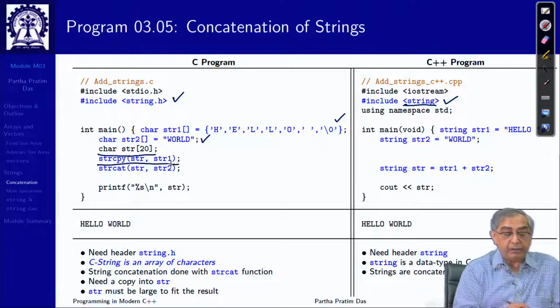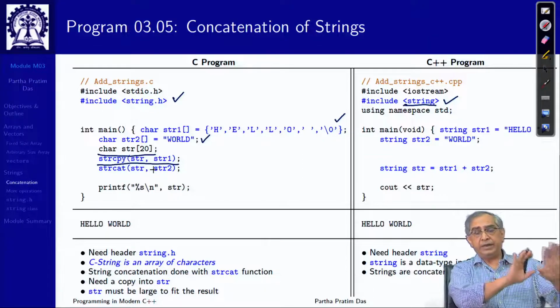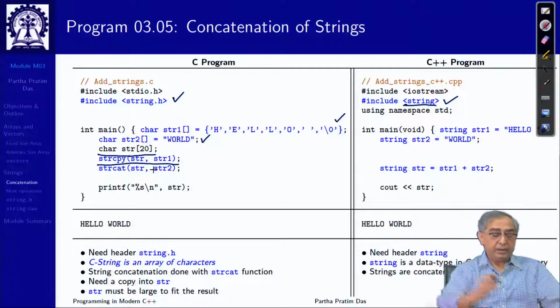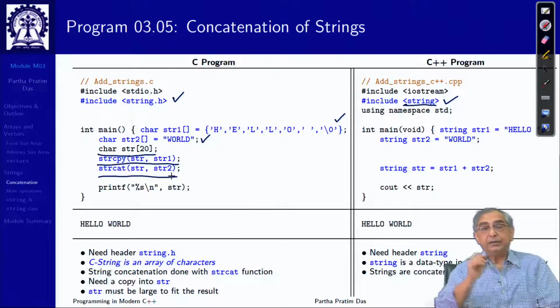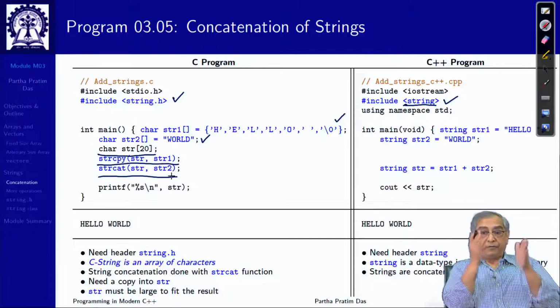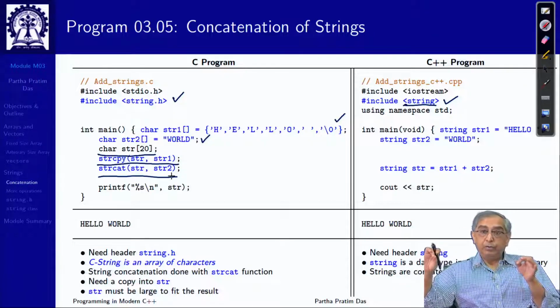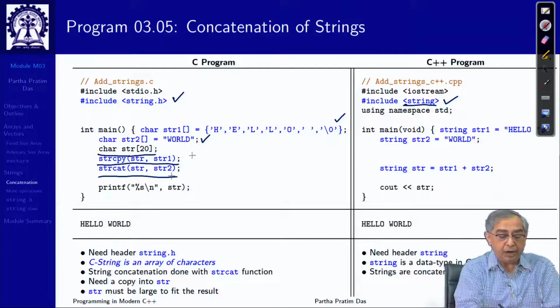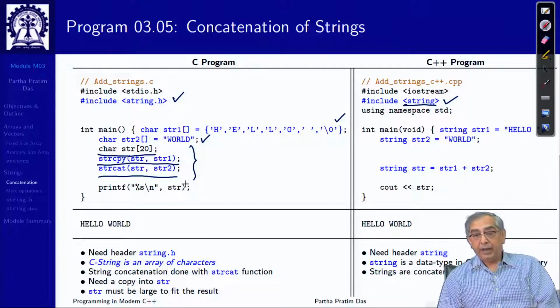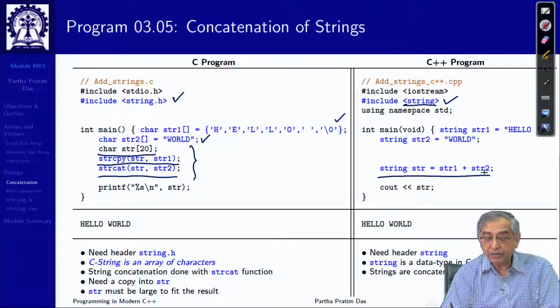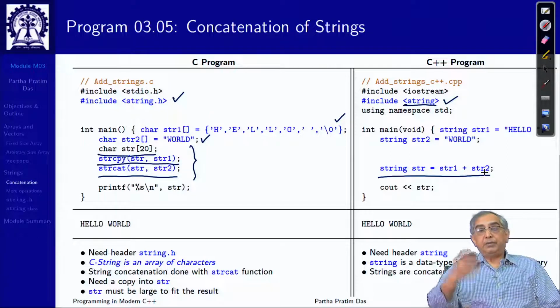I copy the string 1 into str, which overrides everything in str and makes it str1, and then I do strcat str2, which means after str1 remove the null terminator, put the characters of str2 with the null terminator, so that you get the whole string. Very simple algorithm. You all have written this, you know. In C++, this reduces to simply saying str1 plus str2 means concatenation.